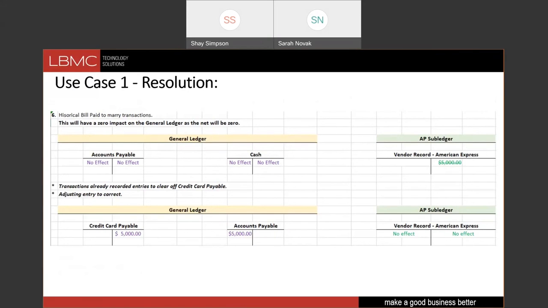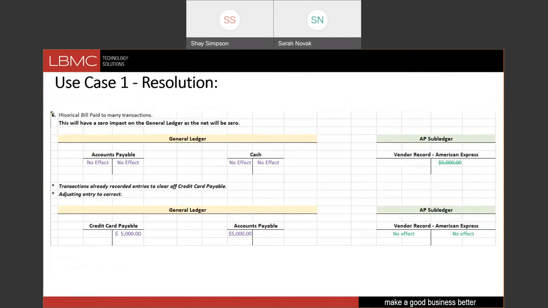So was this an overnight resolution? Absolutely not. This took a lot of digging into. It took a lot of testing in the sandbox to make sure that, again, the biggest thing coming down from upper management was we don't want an impact to the GL for 2021.